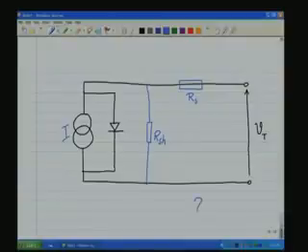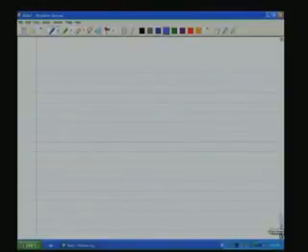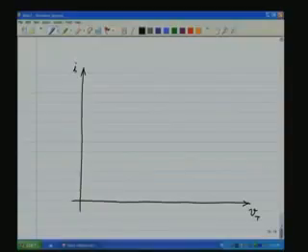Then what is the VI characteristic of such a cell or such a source? Let us have a look. Let us first draw the axis. Y axis represents the current I, or the terminal current of the photovoltaic cell.